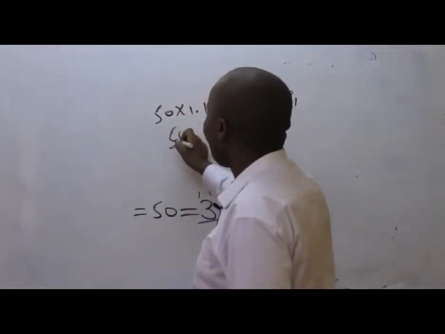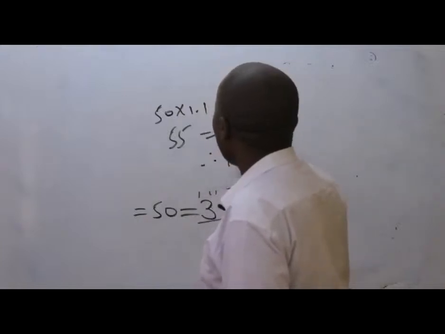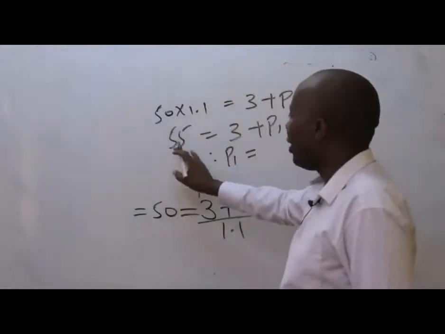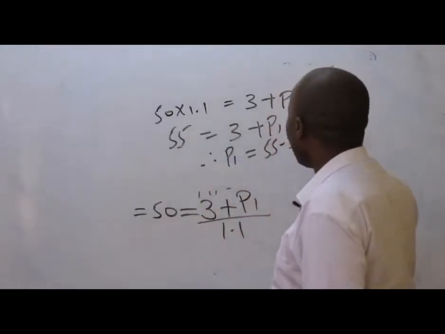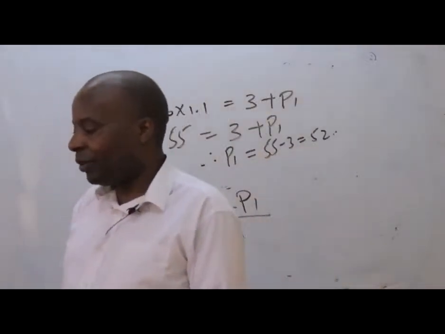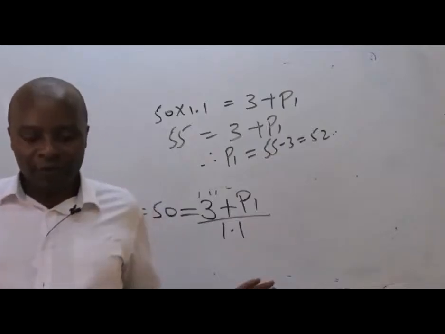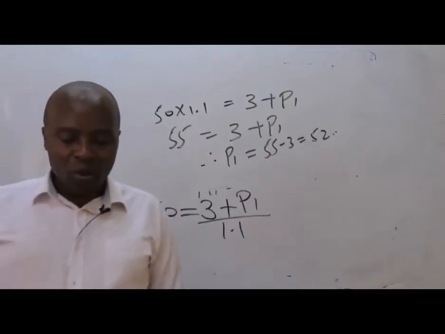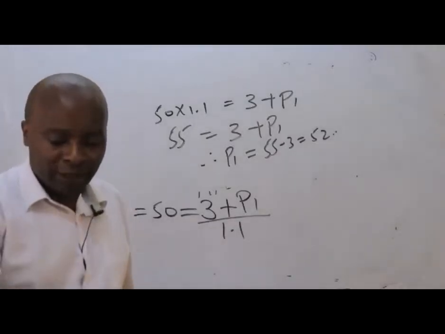Then 55 equals 3 plus P1, implying that P1, if you take the 3 to the other side, becomes a negative: 55 minus 3, which will give me 52. Something that I know all of us would have gotten very comfortably.